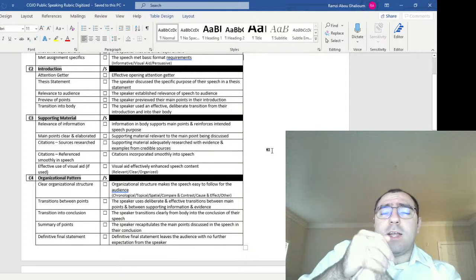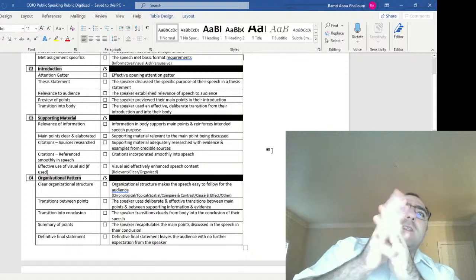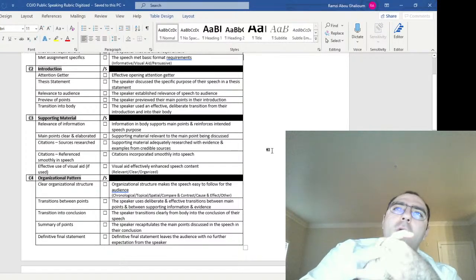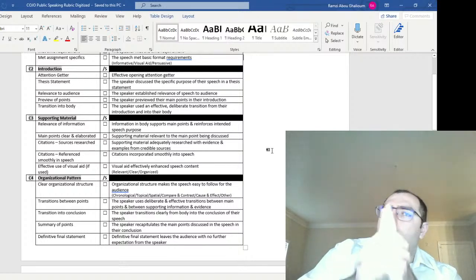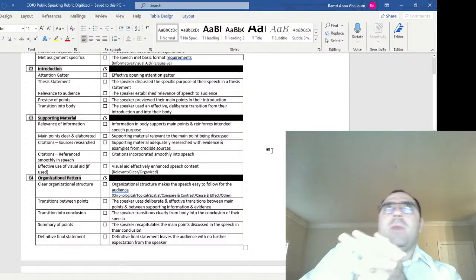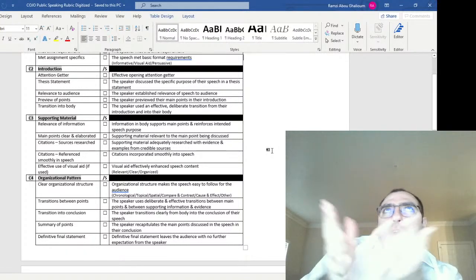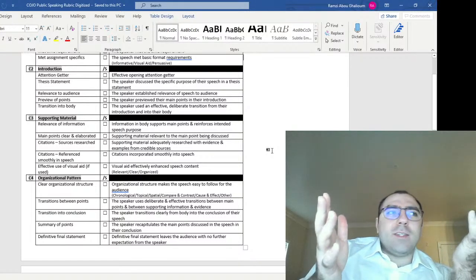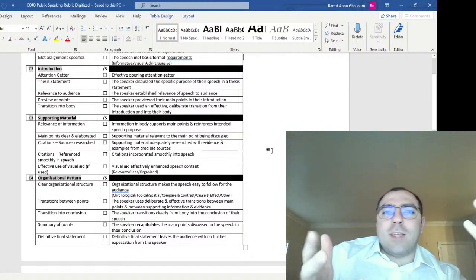Relevance to audience is the next criteria there. All speeches can be relevant to an audience. Here, what I want to know is why you think your audience should care about this topic. If your relevance to audience is because video games are awesome, well, that's not a great reason for your audience to care.